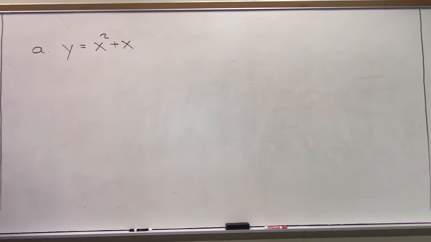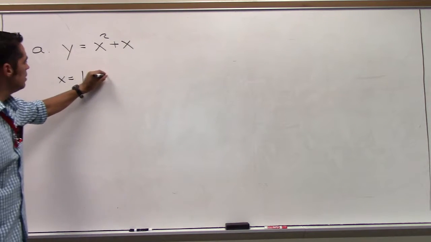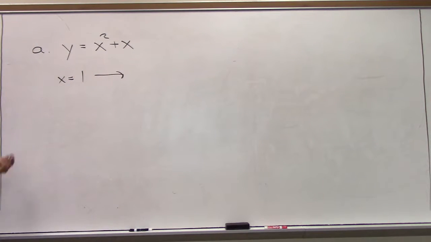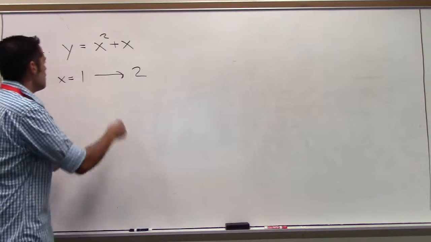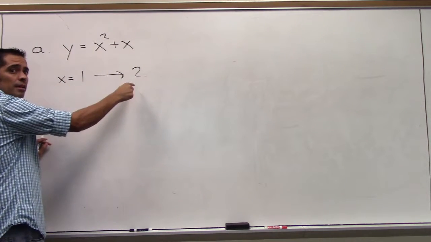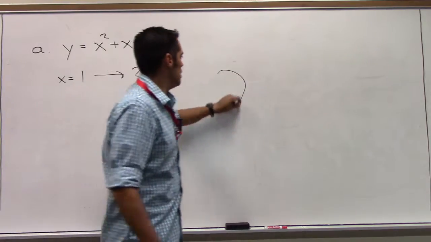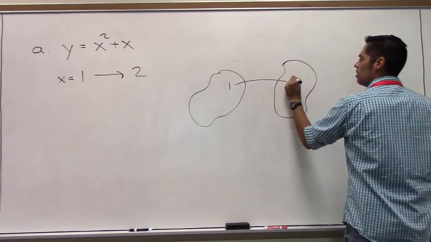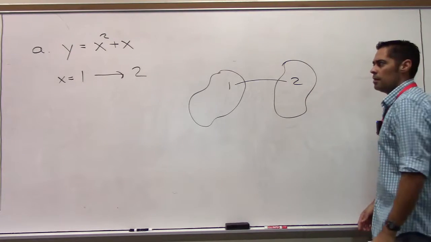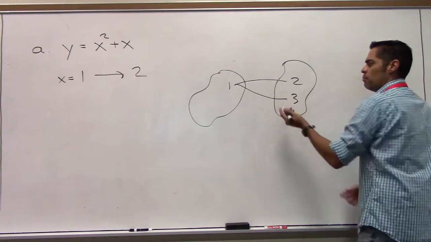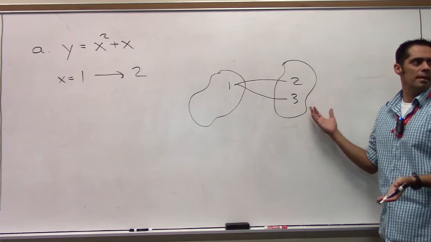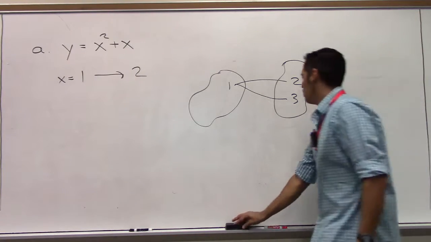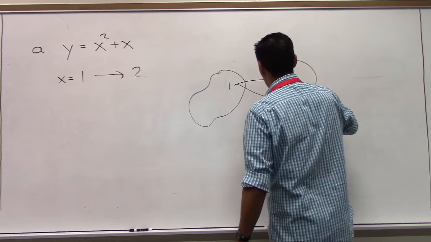Let's try it. Let x be 1. What would y be? 2? So you go from a single value to a single value, right? In a picture, 1 got taken over to 2. It didn't go to 2 and 3, right? So that didn't happen. So far we do look like we have a function.